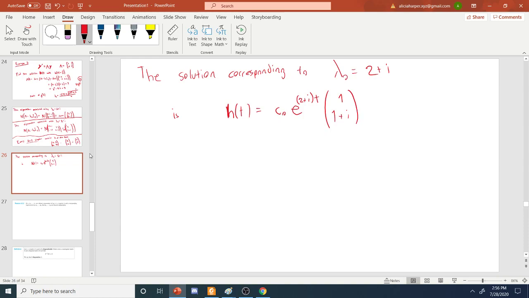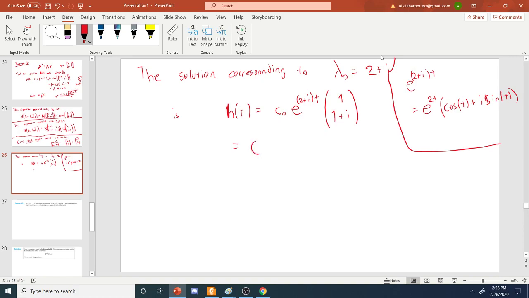Now, this is hard to think about because we have a lot of imaginary numbers and it's hard to think about this as a function. But we can recall Euler's formula. And what Euler's formula taught us is that e to the 2 plus i times t is the same thing as e to the 2t times cosine of t plus i times sine of t.